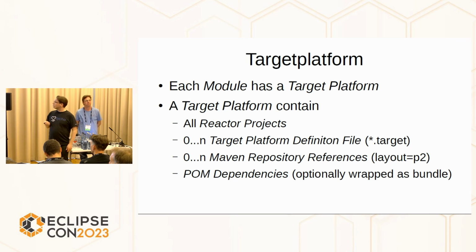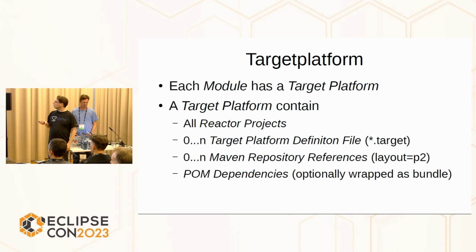You can, of course, also use Maven repository references. That is something that doesn't work in PDE, but is sometimes useful, because if you have a repository that is only relevant for your build because you are creating a special project, for example JustJ, that is usually only required for building the project and packaging a JVM with your project, so you don't need it in PDE, and then you can just define it as a repository reference.